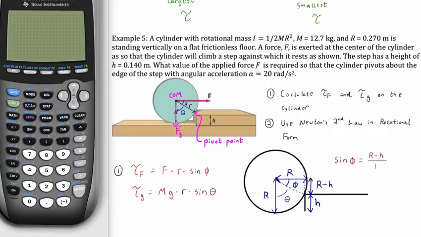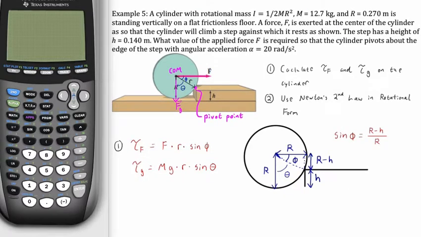Okay. Make sure I did my geometry correct there. Yes, that side of the triangle definitely has to be r. Yep. And another one is r minus h. So good. Then we can find phi that way. All right. So then phi is going to be sine inverse of r minus h over r. Okay.